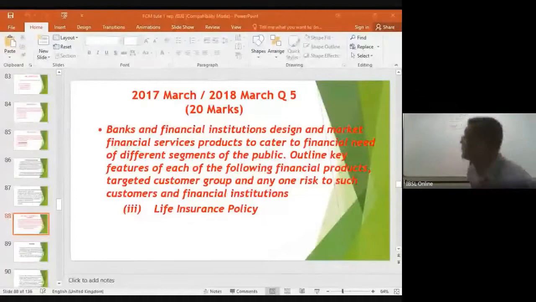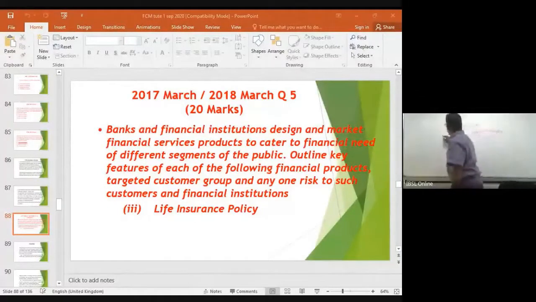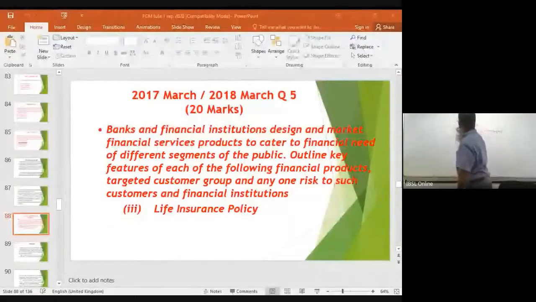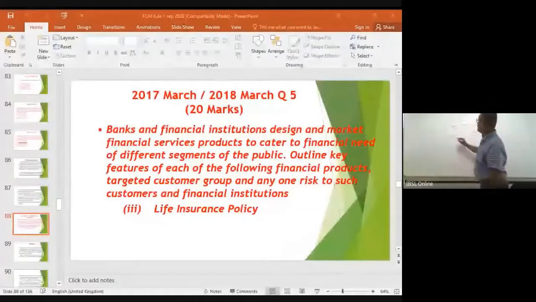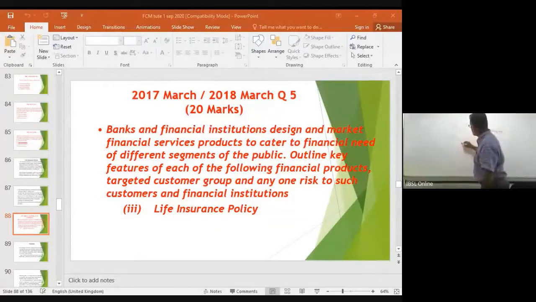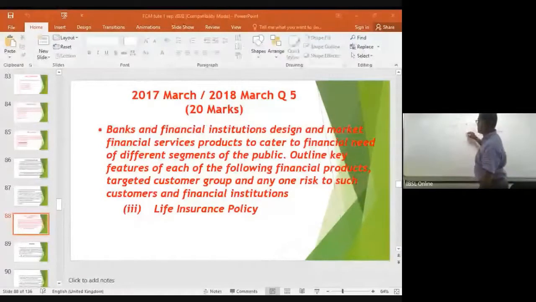And then what is next? Remember the third point: benefits. This format is applicable every time. Benefits to whom? Benefits to your customers and benefits to the institution. Here is the insurance company, here is the customer.